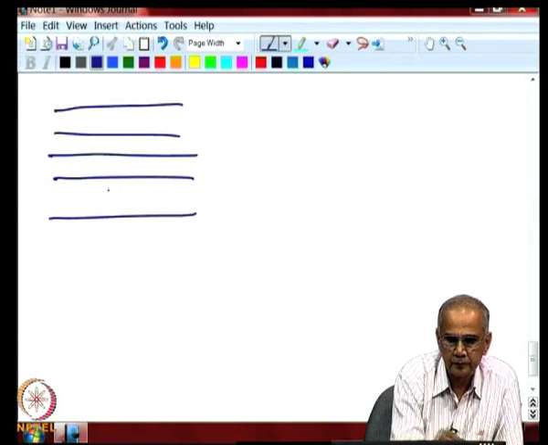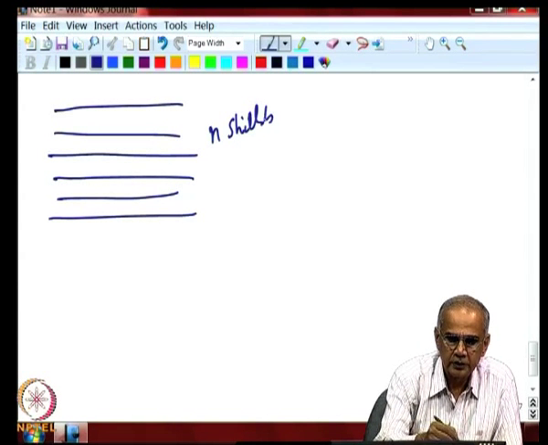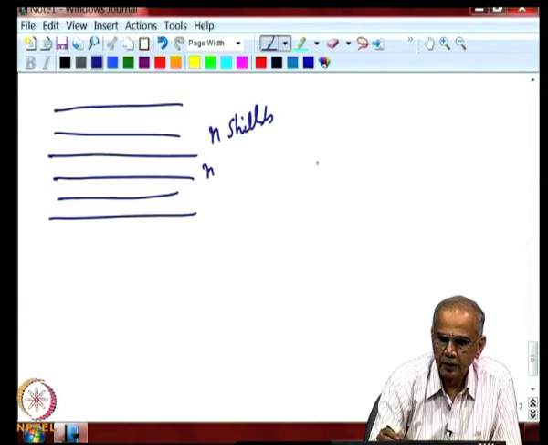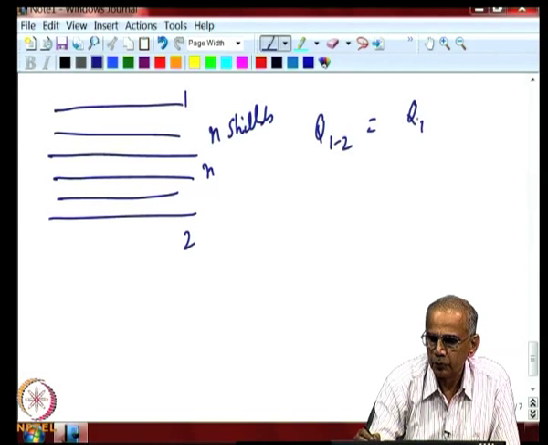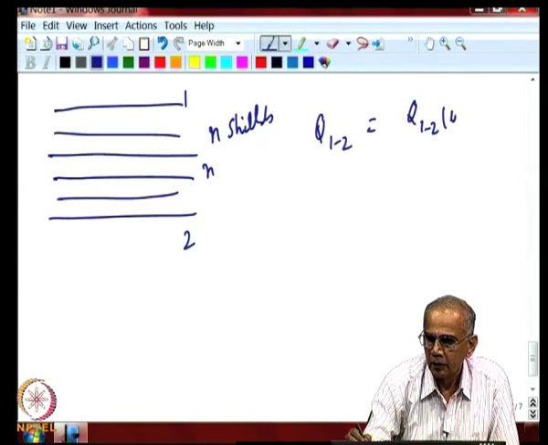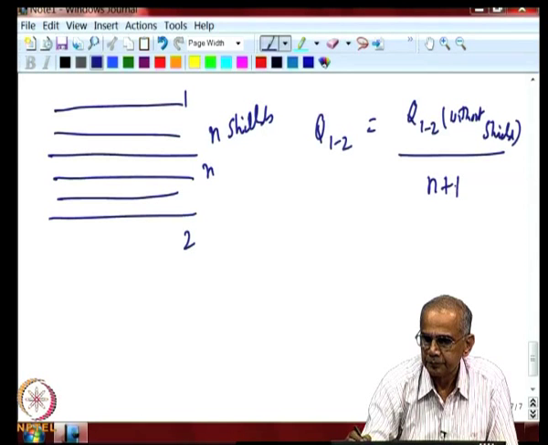By the same logic, if you had n shields, many shields, then one can easily show that Q12 will be equal to Q12 without shield divided by n plus 1.